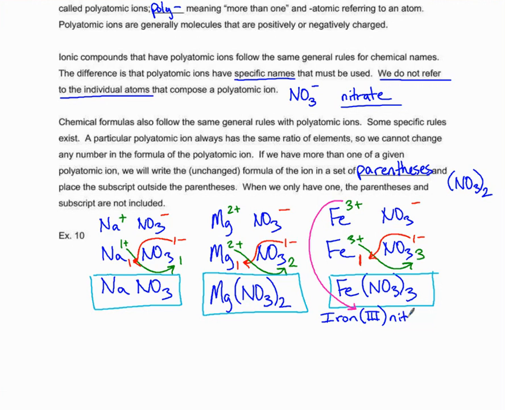And then nitrate. For the other two, since these are not transition metals, the charge of magnesium is always the same. We can just call it magnesium nitrate. The charge of sodium is always the same. We can just call it sodium nitrate. Like that.